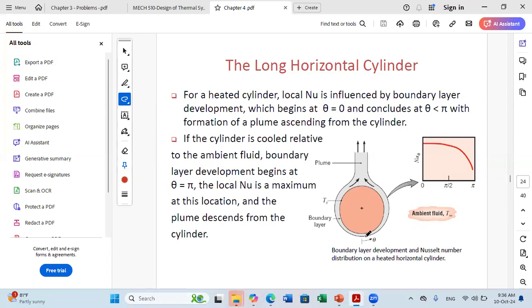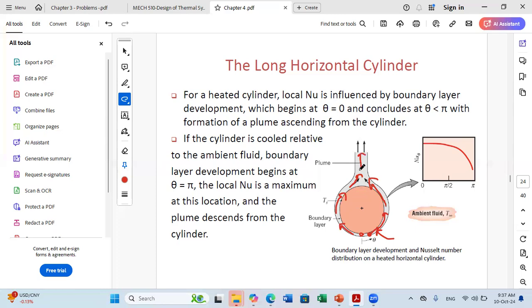Because of this, air in the vicinity of the cylinder will be heated, and it will be entrained and move over the cylinder because the density is lower here, so air will tend to move up. This will form a boundary layer around the cylinder, and it's an ascending plume because you have T surface larger than T infinity.